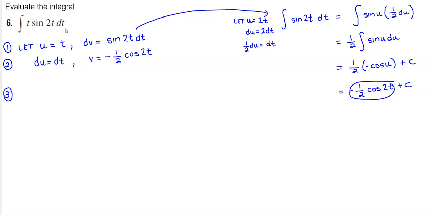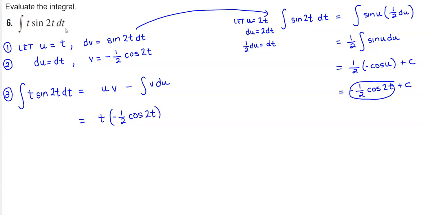Okay, now we're going to write our original question. So we have the integral of t times the sine of 2t dt. So we know the formula for integration by parts is u times v minus the integral of v du. So we know that u is t, and we know that v is negative 1/2 times the cosine of 2t, minus the integral of v, which is negative 1/2 times the cosine of 2t, times du, which is dt.